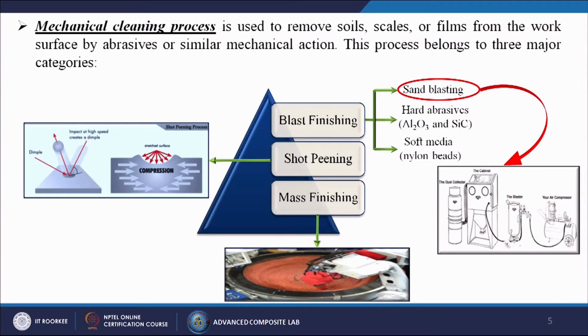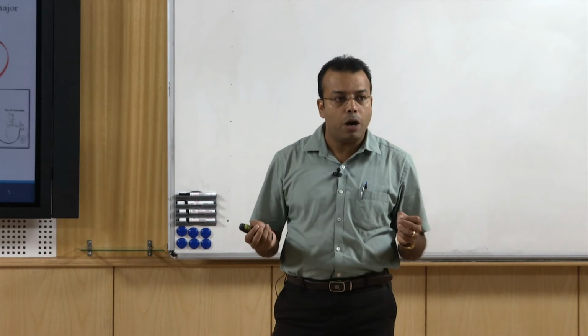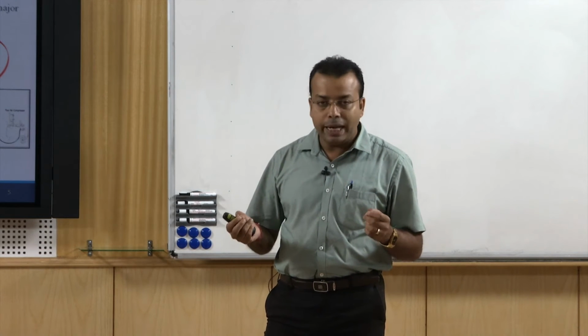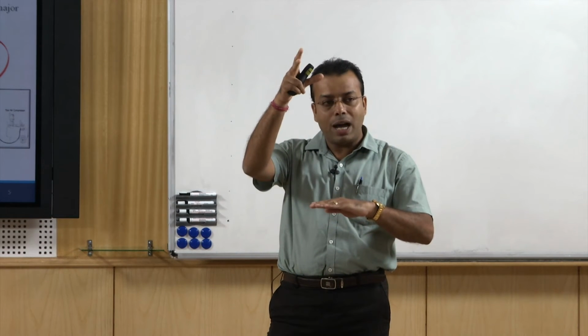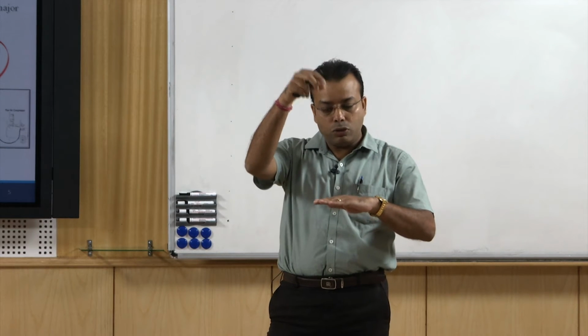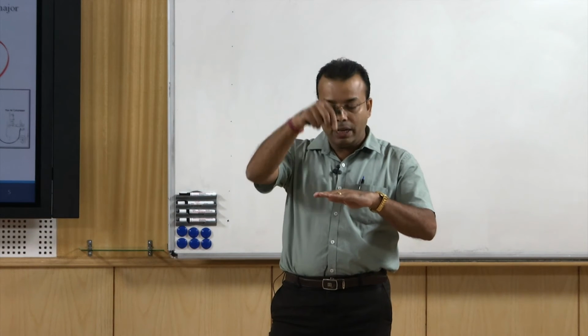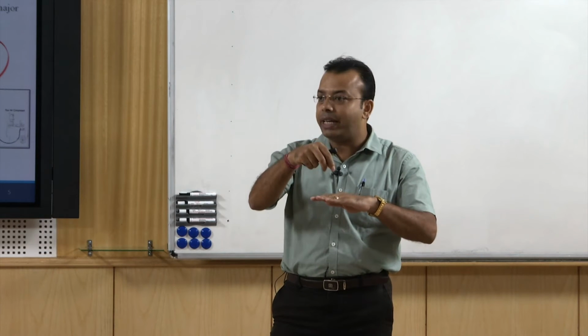Next is called shot peening. If you remember, in my last lecture I already discussed shot peening. Shot peening is where you use balls made of ceramics or some kind of hard particles, and from a particular height you release those balls, and they come directly to the surface, gaining kinetic energy while coming.